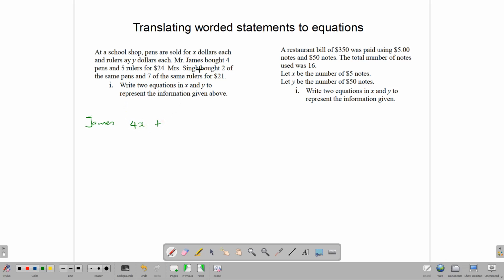He also buys 5 rulers, which is 5y, and his total cost is $24. Mrs. Singh bought 2 of the same pens, which means 2x, and she buys 7 rulers, 7y, and her cost is $21.